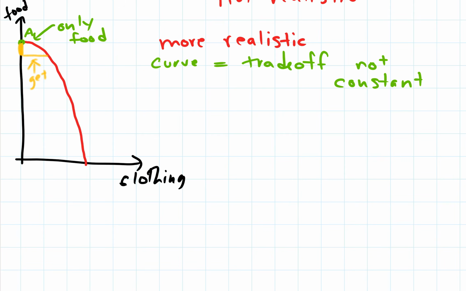And then we get this bottom part. So we give up a little, we get a lot. That's low opportunity cost. Let's say we're going from A to B. A to B, we got a low opportunity cost, and on our graph, that's shown by a flat slope.